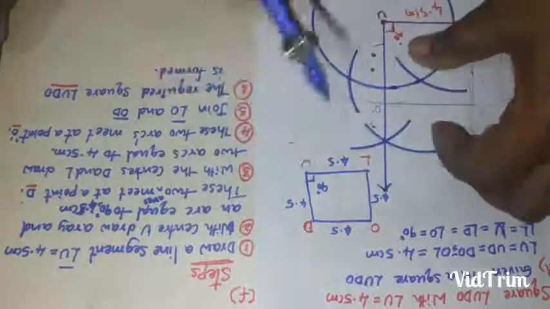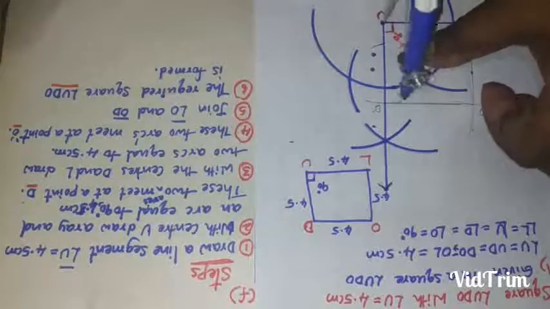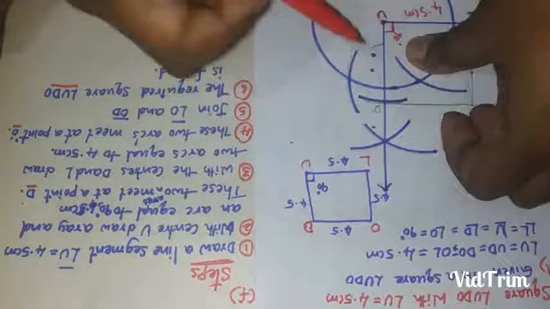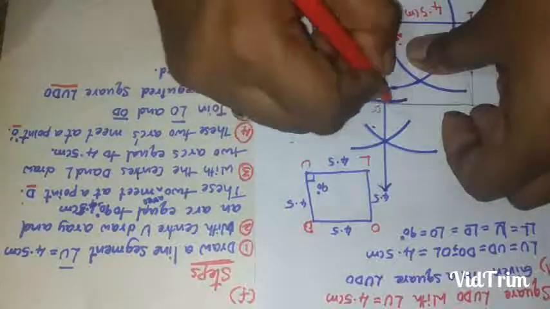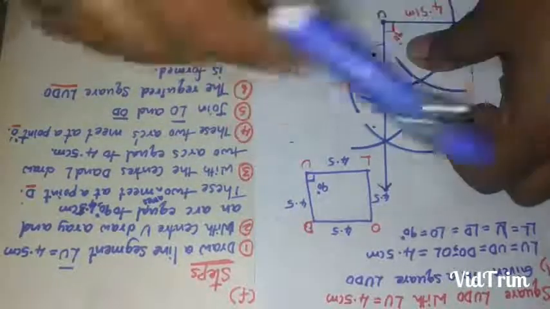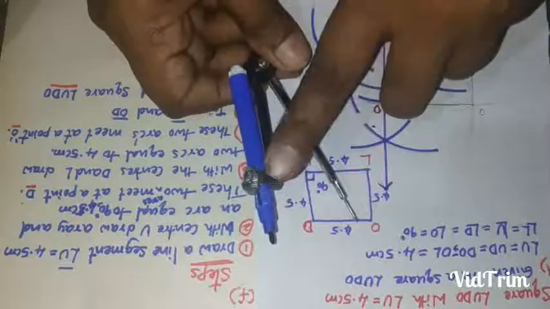So from point U, we should draw an arc. Okay. Now this ray and arc meet at a point D. Now see, all sides are equal, so no need to change this compass length.